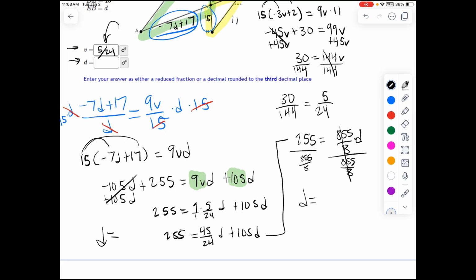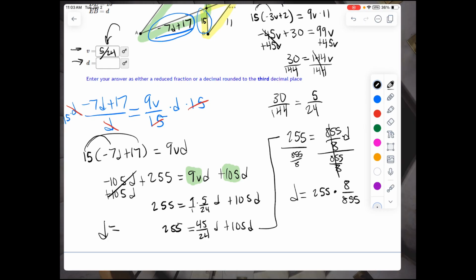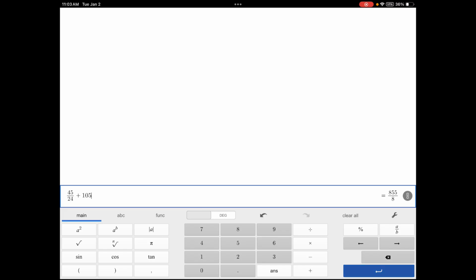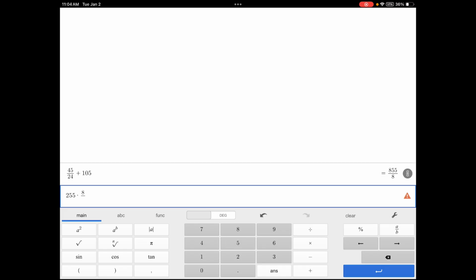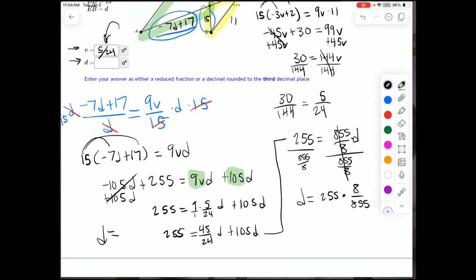So then you're left with d equals 255 times the reciprocal, which just means flip, of the other fraction you divided by, so 8 over 855. 255 multiplies to the 8 divided by 855, and then it's just a matter of simplifying that down. So we have 255 times 8 over 855. And we end up, after everything simplifies together, with 136 over 57.